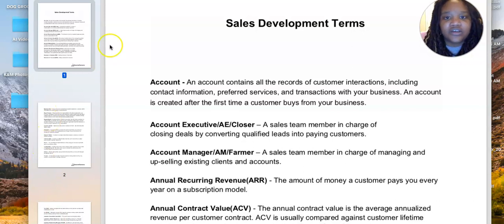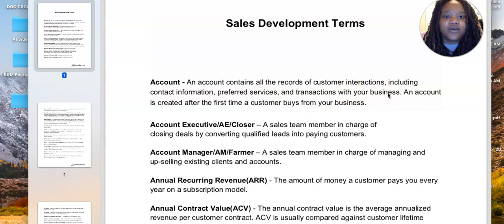So here's a list of all the sales development terms that you need to know, along with the definitions. So the first word that we have is an account. An account contains all the records of customers' interactions, including contact information, preferred services, and transactions with your business.